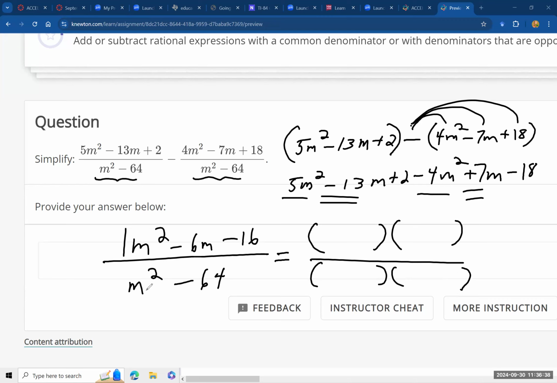Because this here is a perfect square, and this here is a perfect square, and we have a difference of squares, what I end up with is an m, because that's the square root of m squared.